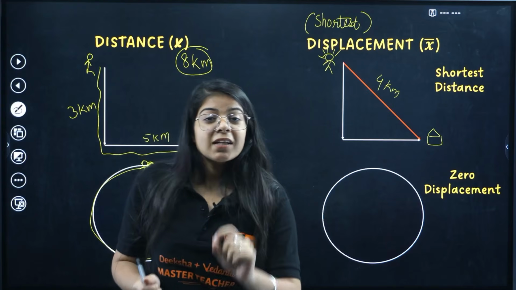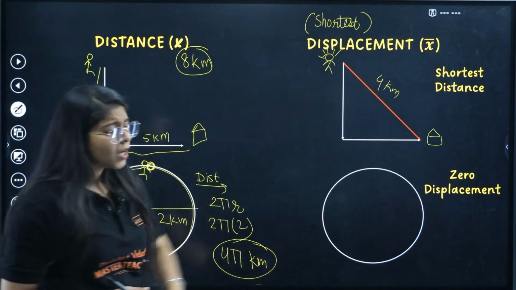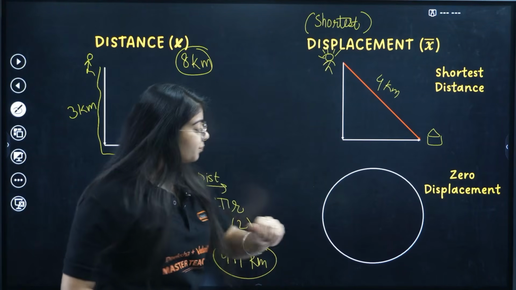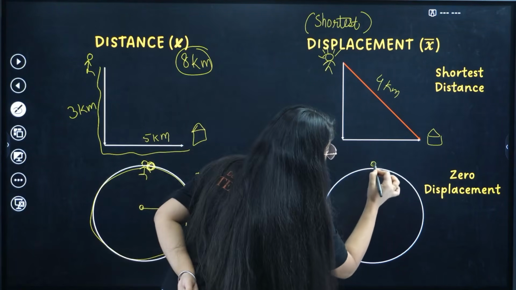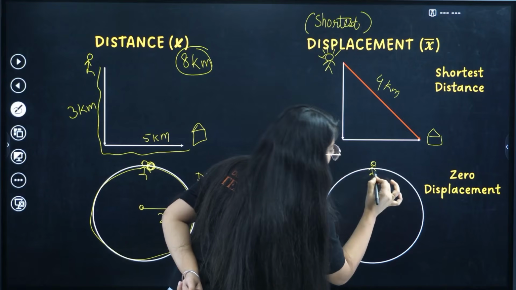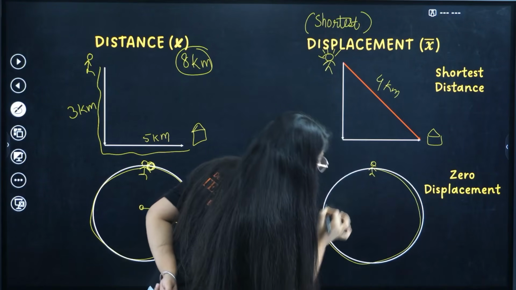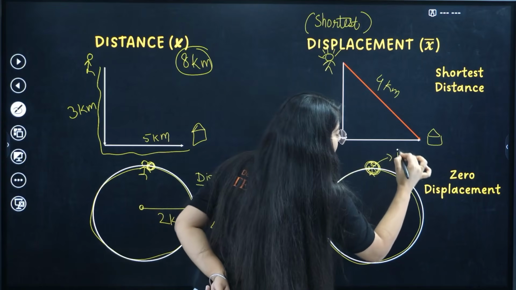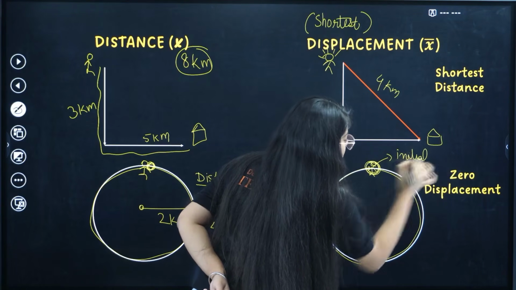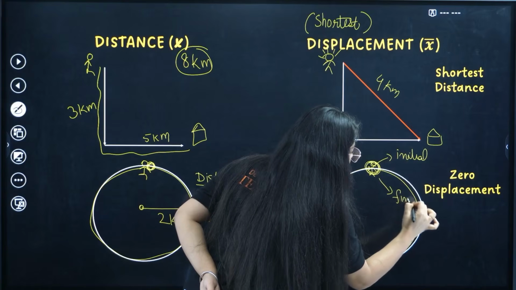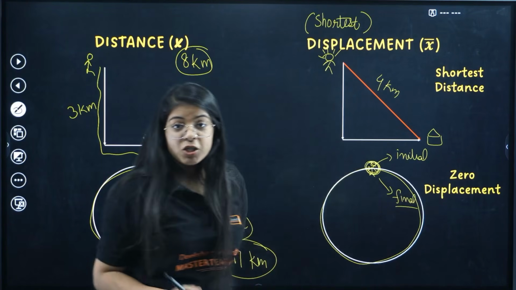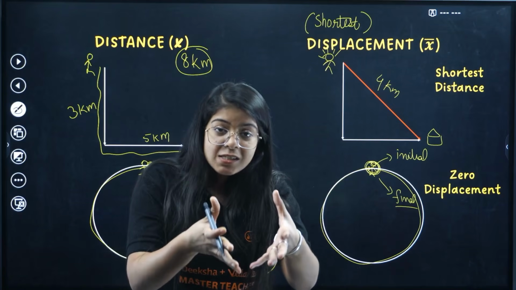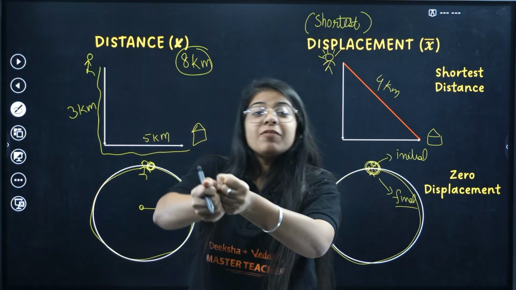But on the other hand, when you study displacement, it is the shortest distance, the shortest path followed. Now again, you are standing here and you started jogging and covered the whole circle, and you came back at the same point again. So this is your initial point and this, my friend, is also your final point. This is both your initial point and final point. And displacement is what? Shortest distance between initial point and final point.